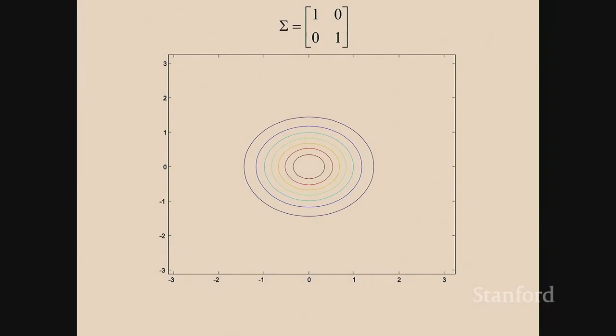So this is the contours of the Gaussian density when the covariance matrix is the identity matrix. And apologies for the aspect ratio. These are supposed to be perfectly round circles, but the aspect ratio makes this look a little bit fatter. When the covariance matrix is the identity matrix, Z1 and Z2 are uncorrelated, and the contours of the Gaussian density look like round circles.